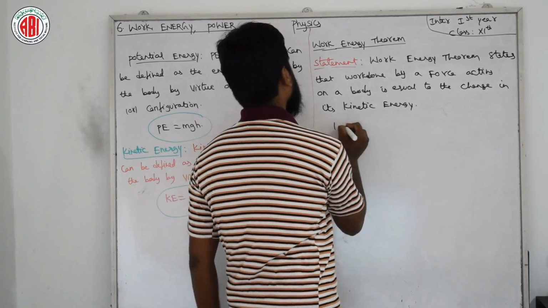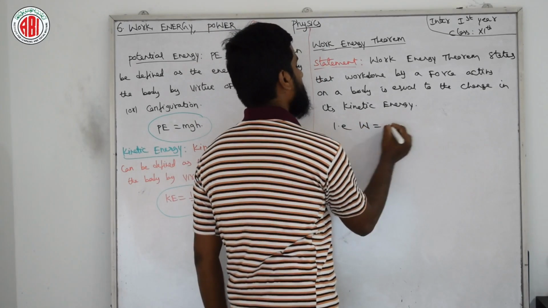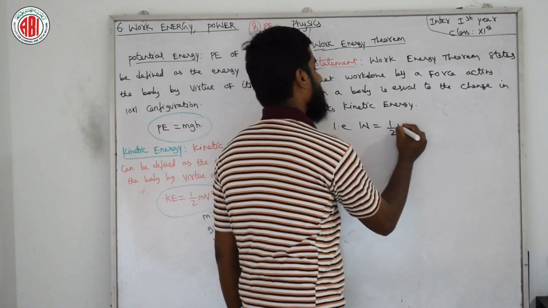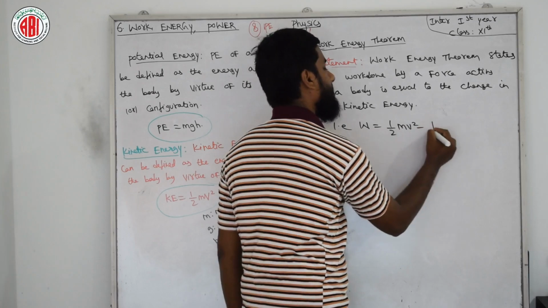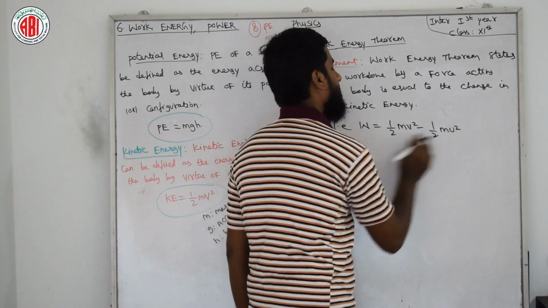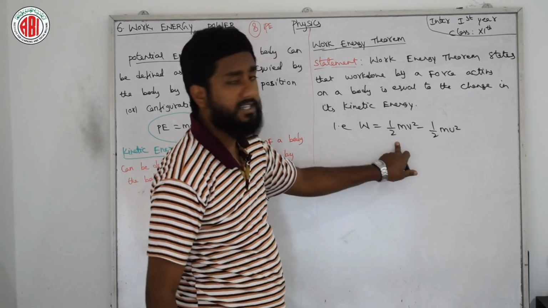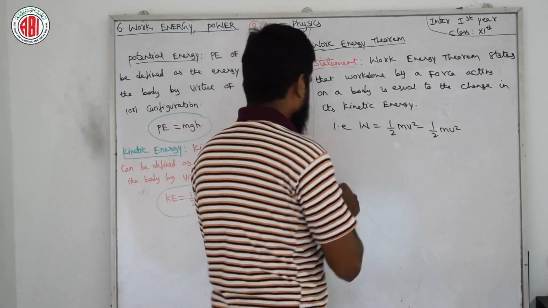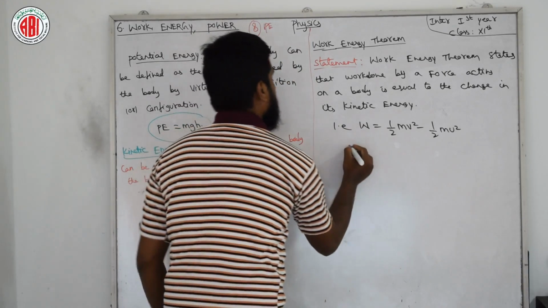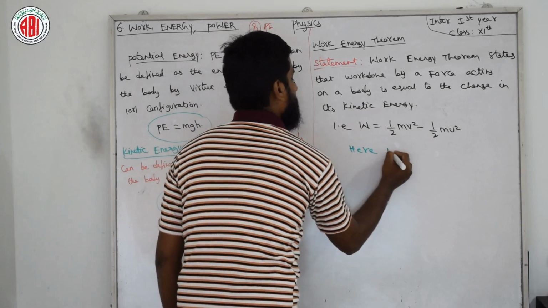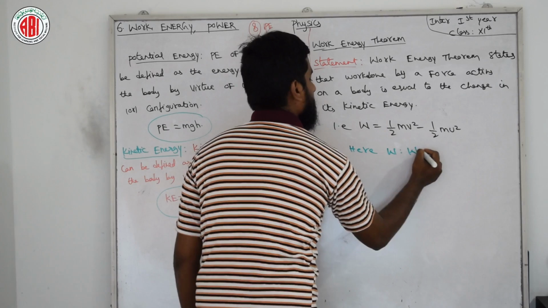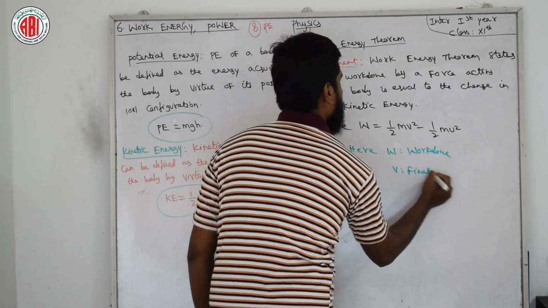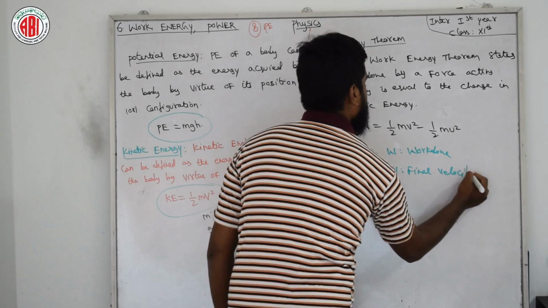That is, we can write one formula: W is equal to half mv square, final kinetic energy, minus half mv square, initial kinetic energy. Here W is the work done, and v is the velocity, final velocity.